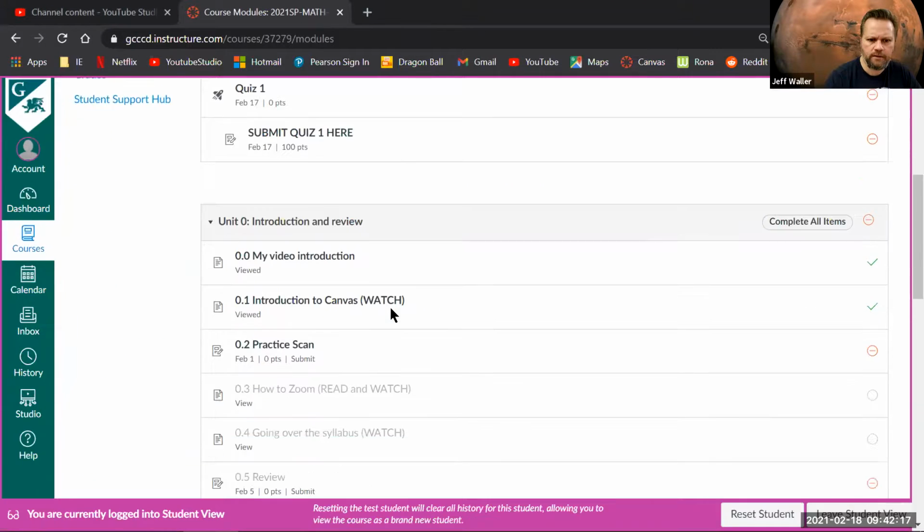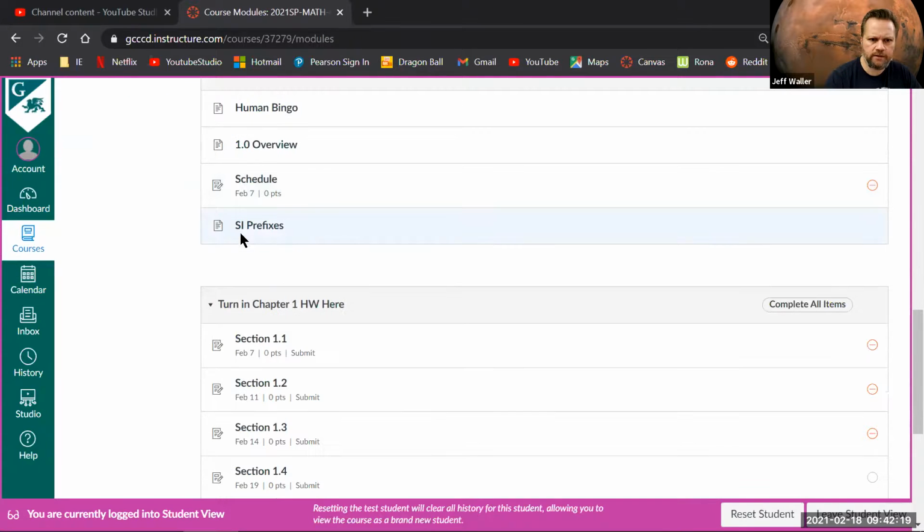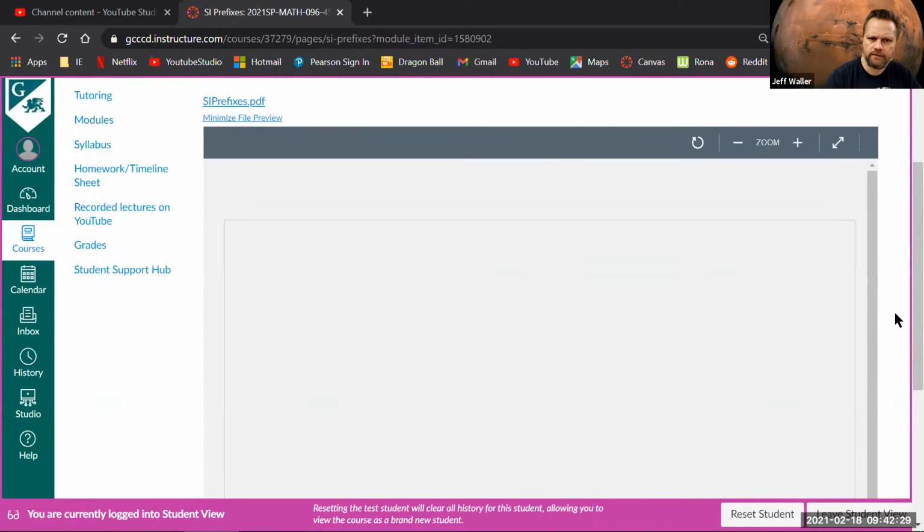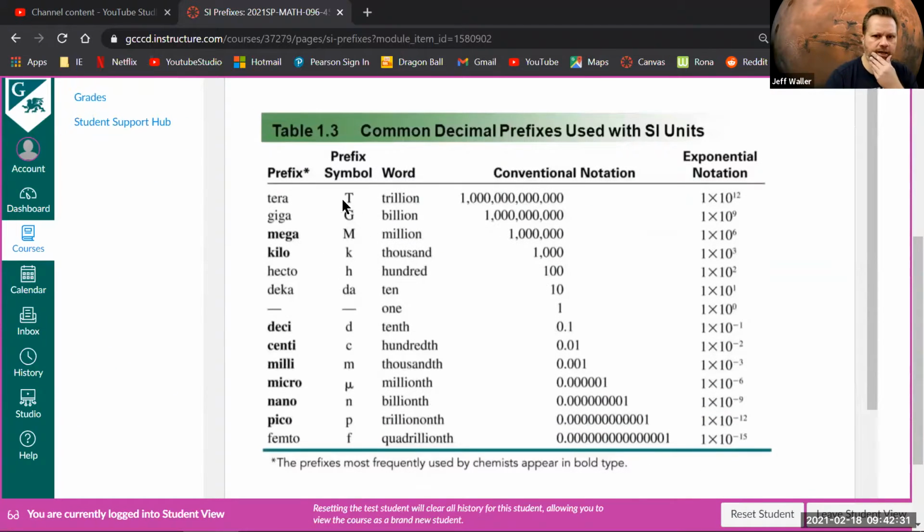If I go down here, this is brand new. SI prefixes. SI relates to our system of units, system international. So this is not our system of units, actually, it's the metric system. It doesn't go up far enough, so here's your quadrillion.